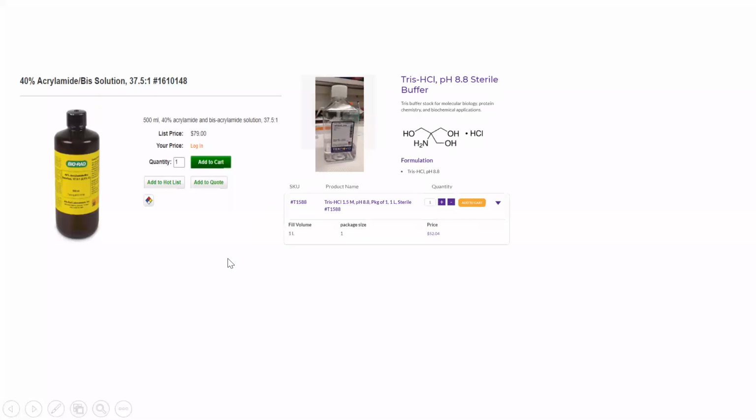And another was a Tris buffer. That was pH 8.8, and one bottle normally was 1 liter, and the price was 52.